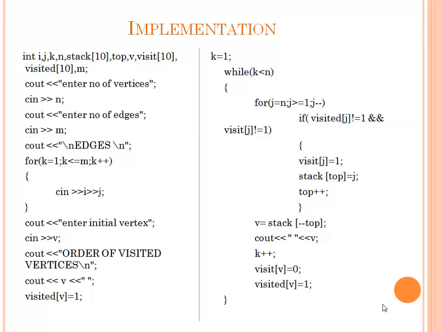Visiting j and pushing it onto the stack, top++. Now store the top value of the stack into v and pop that particular top element from the stack. Now print v and repeat this process until all the vertices of the graph are visited.